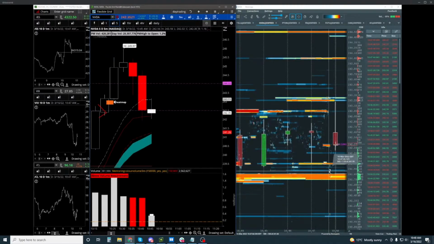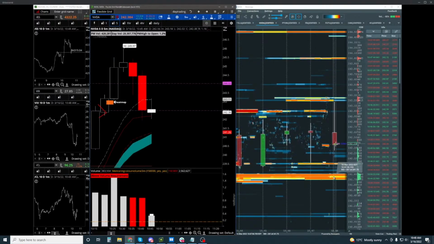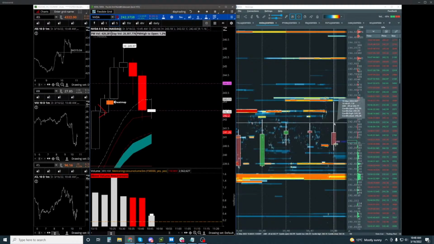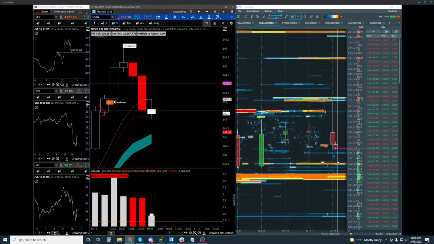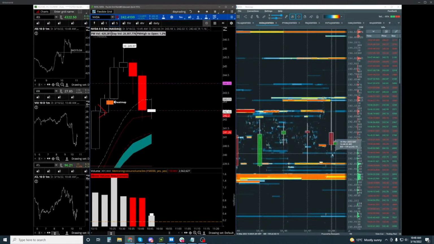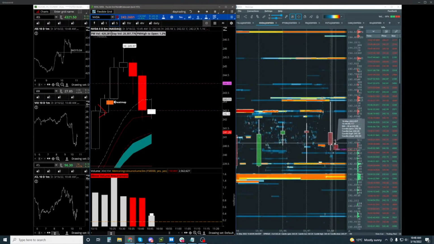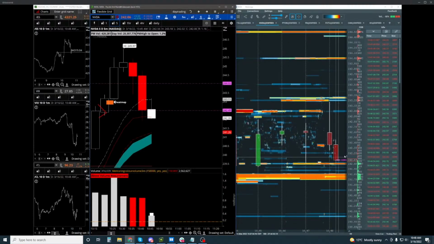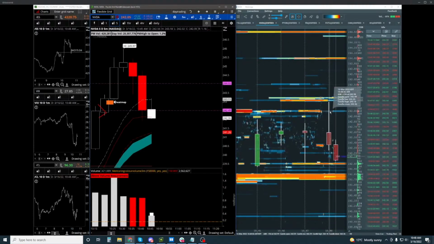Now what we expect, 242 or 241.80, bounce, okay? Until we don't see somebody over here having more buyers or more sellers, one side prevailing, supply or demand, we'll have lateral sideways action.